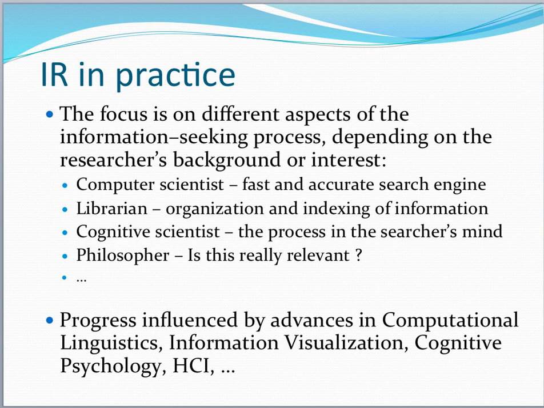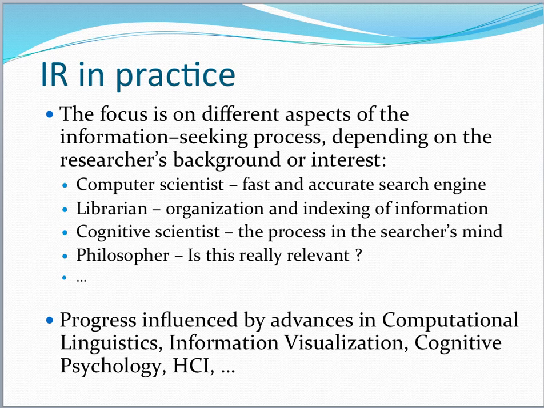Now, in practice, the focus is on different aspects of the information seeking process depending on the researcher's background or interest. For example, a computer scientist will focus on a fast and accurate search engine.